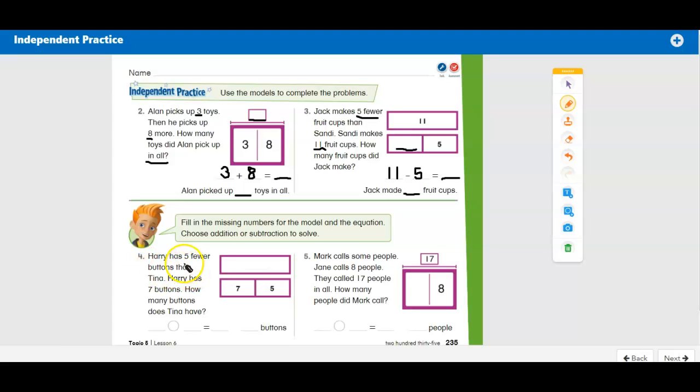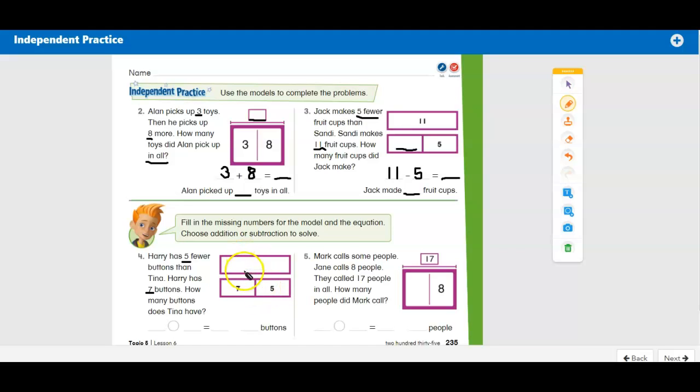So we can see that they took the information from our problem and put it here into the model. We see that Harry has 7 buttons. We know that he has 5 fewer buttons than Tina. So if Harry has 5 fewer, that's the same as saying that Tina has 5 more buttons.